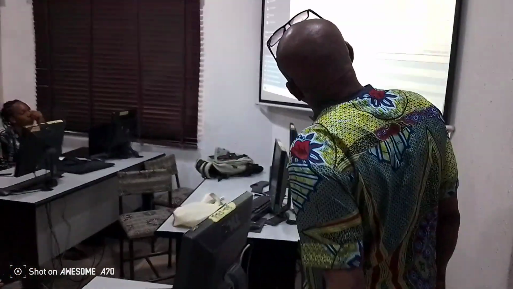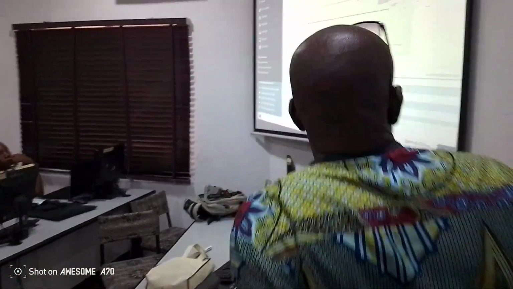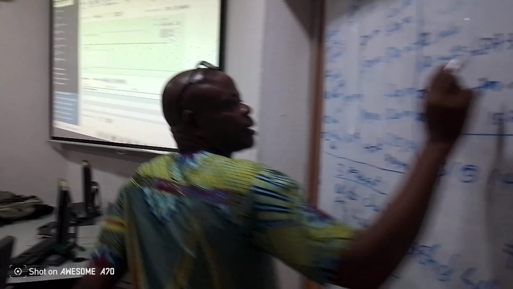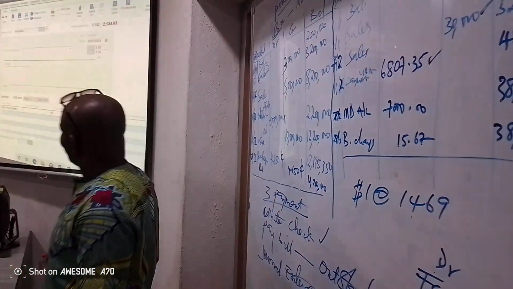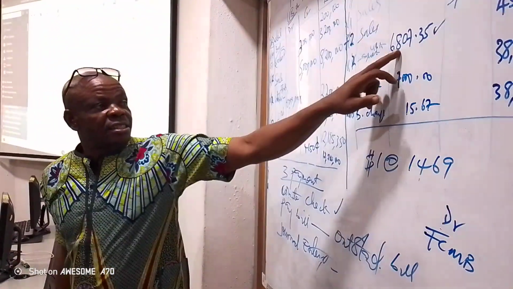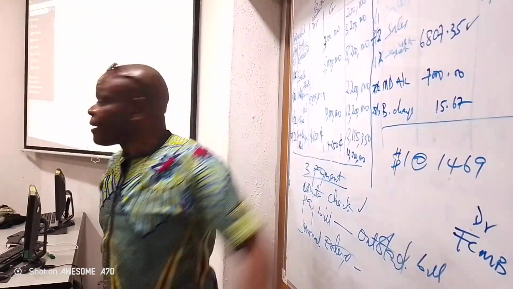So put UBA there. We transfer it to the UBA account. How much? 6807.35.